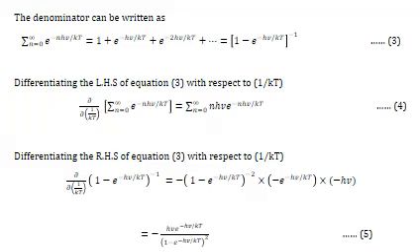Then e power something gives minus hν times that term, and minus times minus gives plus, with the term in the denominator. Therefore minus 2 becomes plus 2, and the equation is: minus hν e power minus hν by kT, whole divided by 1 minus e power minus hν by kT, the whole squared.